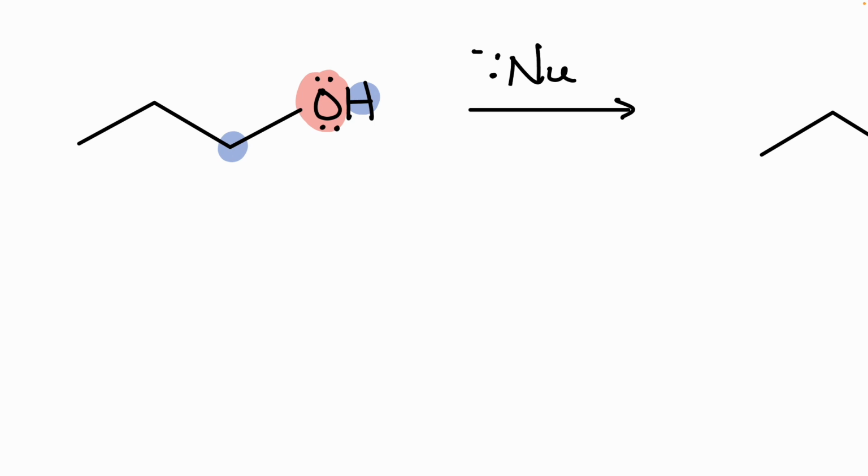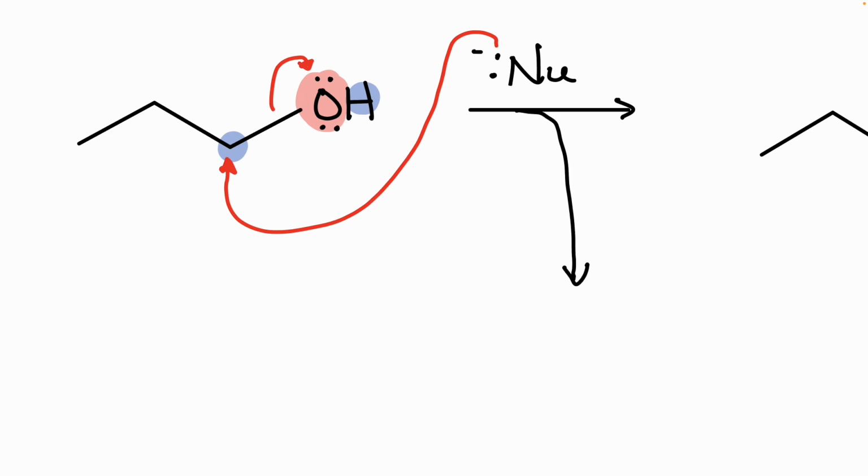So what we would sort of expect with our substitution reactions is our nucleophile attacks that relatively electron deficient carbon and kicks off that leaving group so that we don't have too many bonds and we don't break carbon's octet. Okay? The problem here is that our leaving group would be the hydroxide ion.